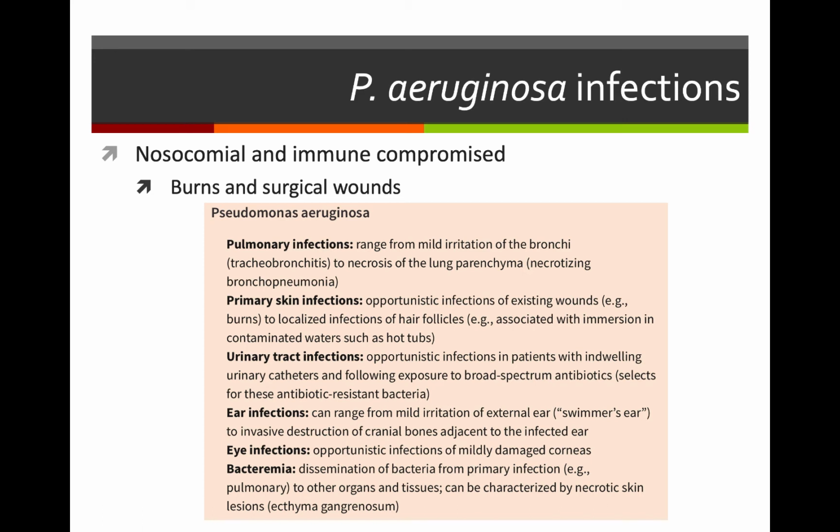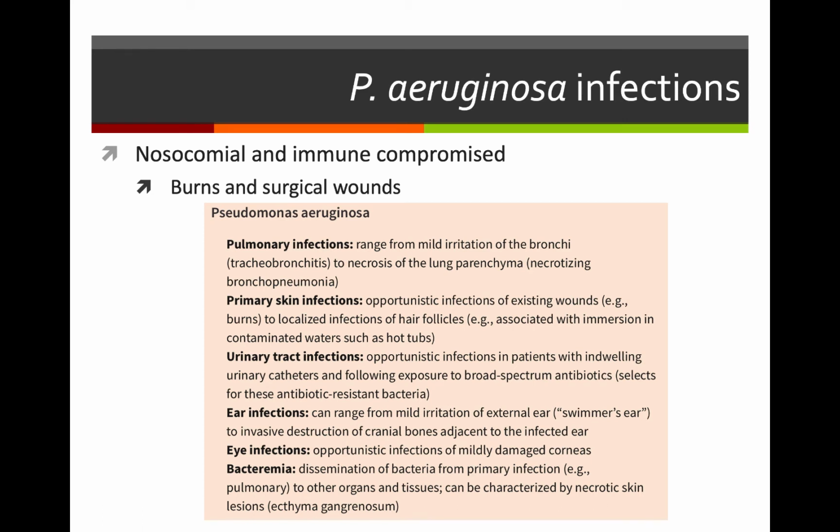Other types of infection caused by Pseudomonas aeruginosa can include pulmonary infections. This is fairly common in our patients with cystic fibrosis. And, I've never seen it, but I've heard that in a patient with cystic fibrosis, if they have a Pseudomonas aeruginosa infection, as they're coughing up all of that sputum, you can actually see that it's green because of the pyocyanin.